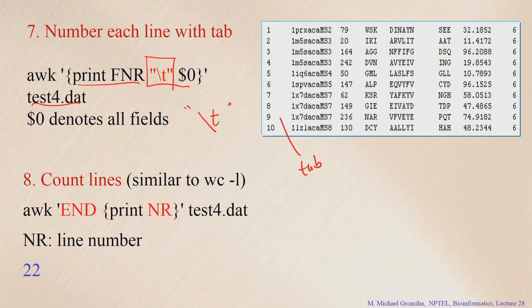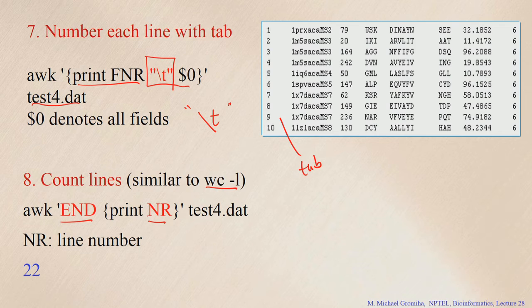Now the question is, we can also count lines if you take many documents in a file. How many lines are there? In Unix, what command do we use to count the number of lines? Just give wc -l, and this will give you the lines. Here also you can use awk, going from the start to the end. What is NR?